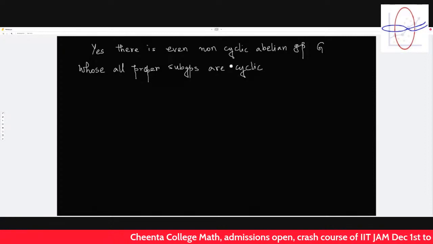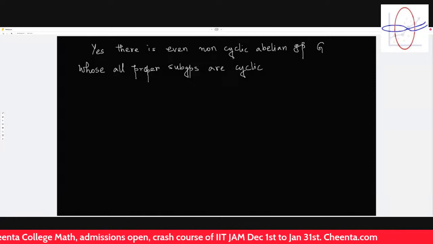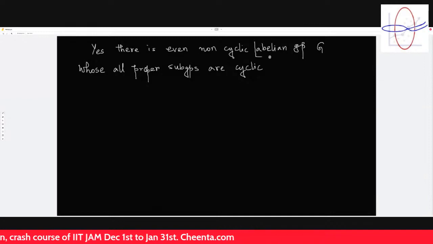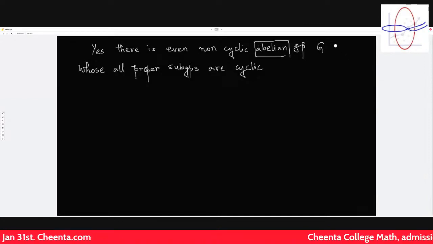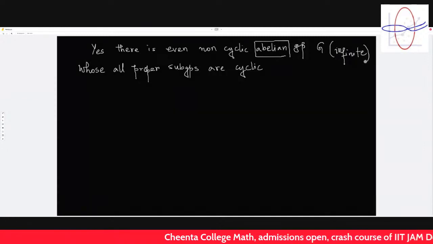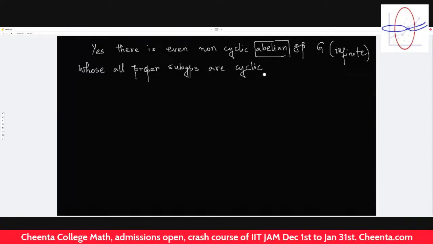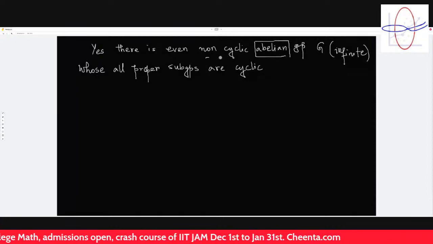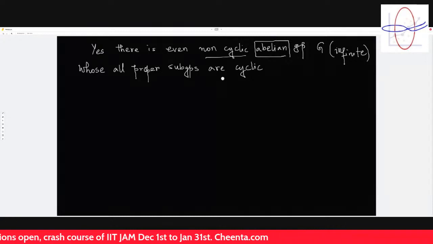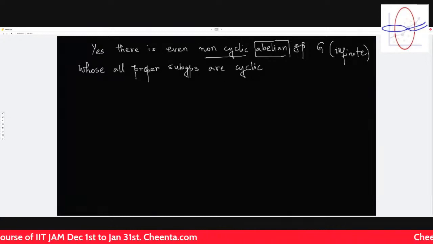Why I try to include this is that it might be even abelian. So group G, which is infinite, we are now talking about infinite ordered groups. It is an infinite ordered abelian group which is not cyclic, but every proper subgroup of it is cyclic.